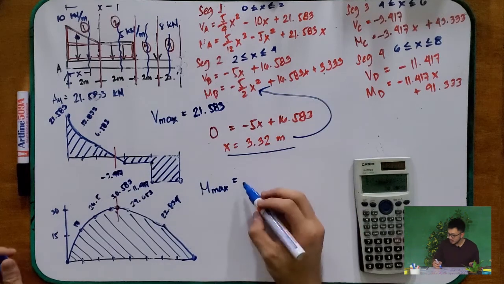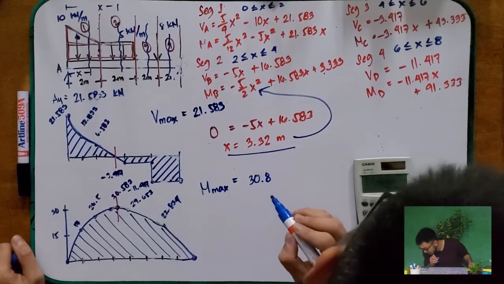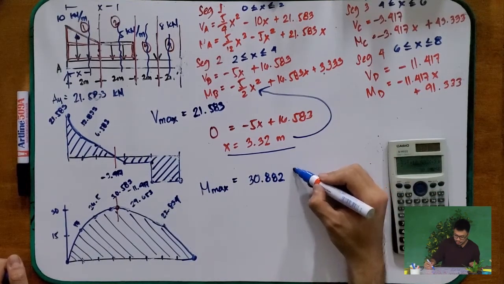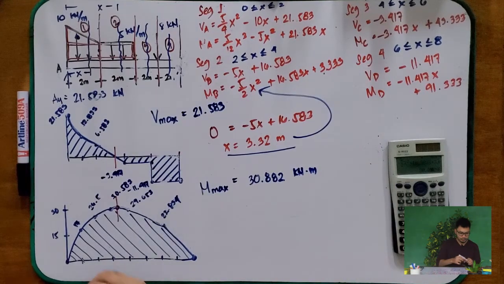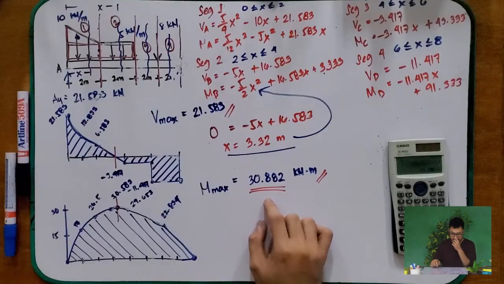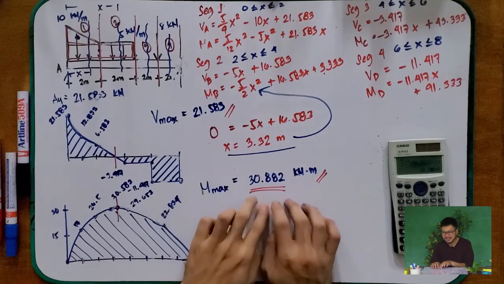Na 30.882 kilonewton meter. So, ing anak. Gamay na siya ligas, no? Pero, mao ni maximum. Almost maximum. Kaya ato naman nag-round off ang 3.32. So basin napadyoy mas closer ana, pero this is close, very close compared sa imo 30.582.